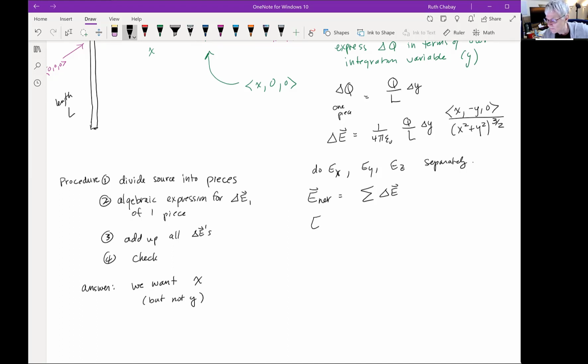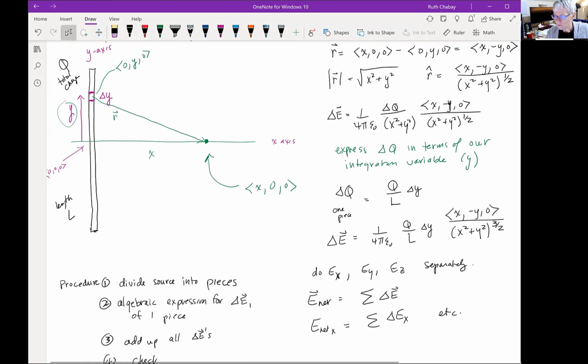And so E net x is going to be the sum of all the delta E sub x's, etc. Now, we have the same symmetry that we had before, so here it's pretty clear that our delta E for this piece is going to be that way.